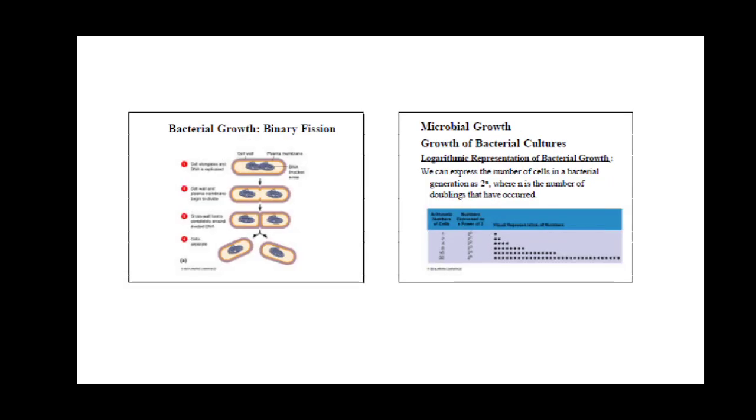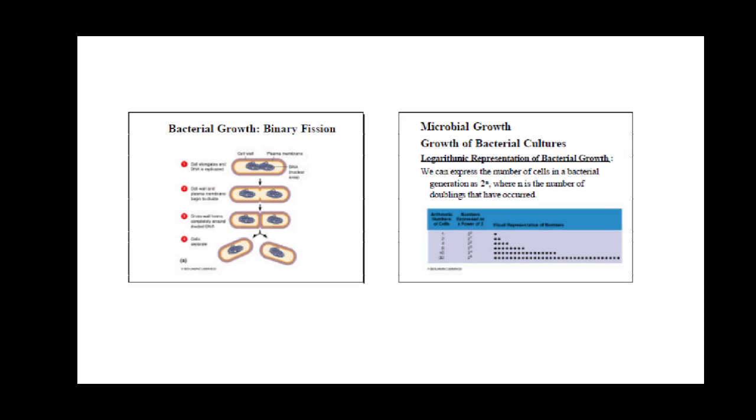This is bacterial growth by binary fission. Imagine a single cell that contains a plasma membrane, cell wall, and internal cytoplasm with genetic material. Whenever the cell grows, it increases in size, a large amount of cytoplasm is produced, and the genetic material, the DNA, is duplicated along with the cytoplasm.